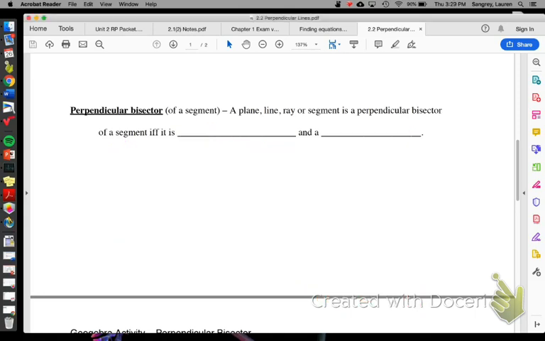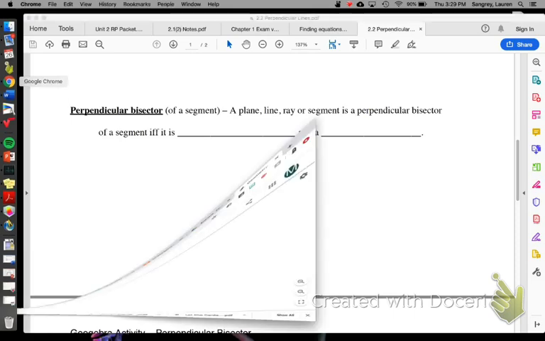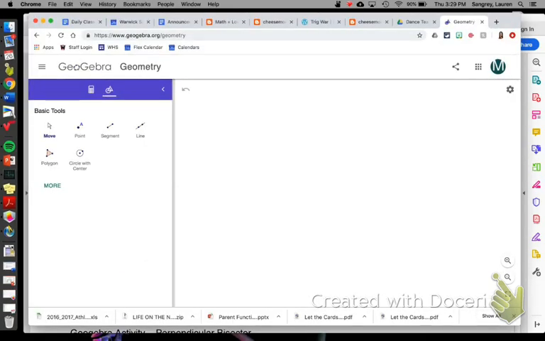And what you're going to do next is you're going to get onto GeoGebra on your laptops. Make sure you type in this URL. So look closely here in green. It's geogebra.org/geometry. If you don't put the /geometry part, it takes you somewhere else.